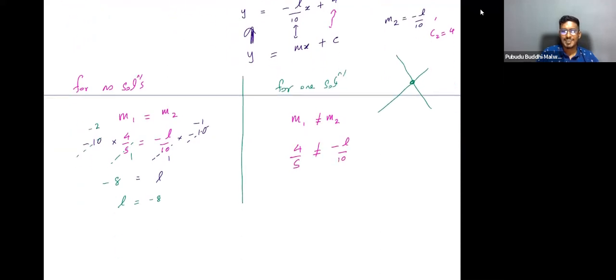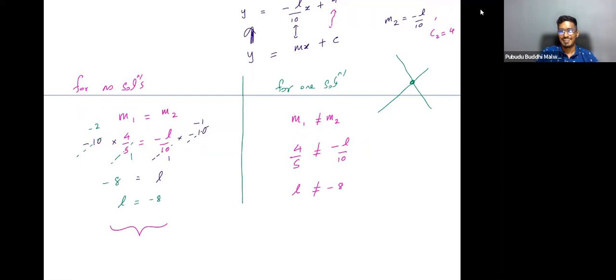Right? So I can multiply both sides by 10, but here it's not an equal sign. But basically, if you multiply both sides by 10 like this, you will get L should not be equal to -8. What's the meaning of that? Except -8, for all the other L values, you will get one solution.